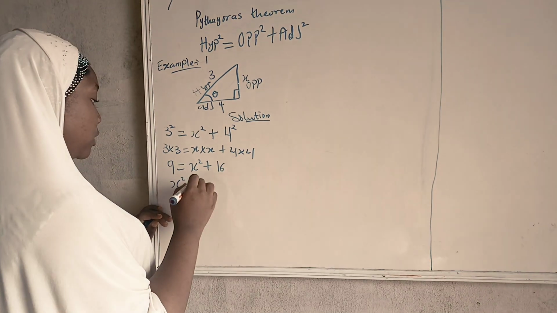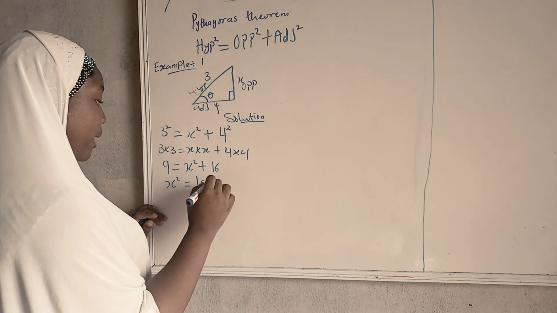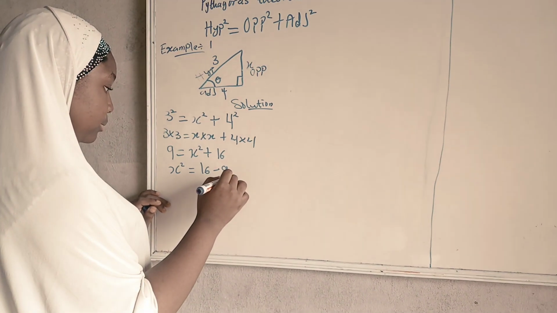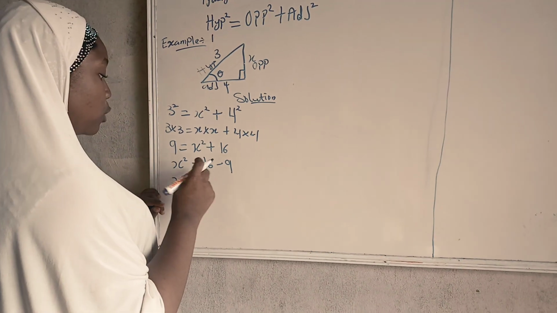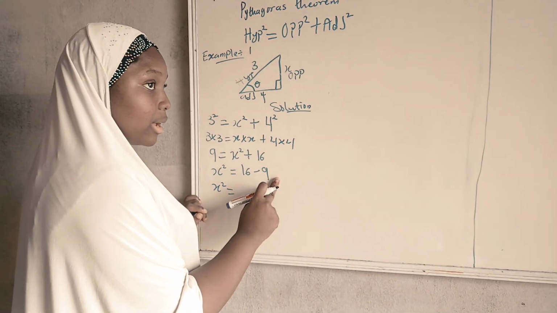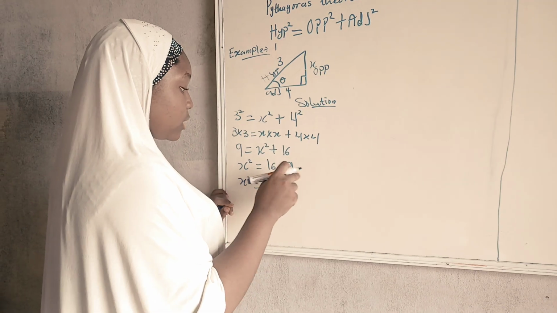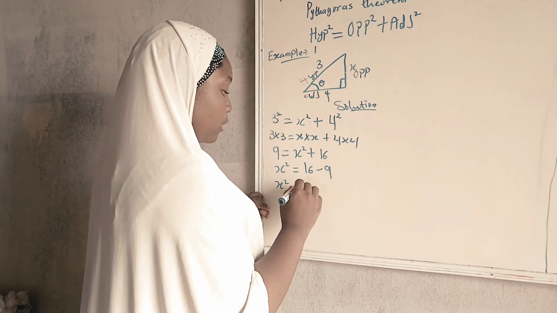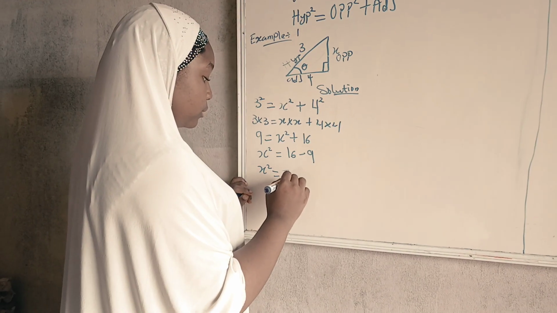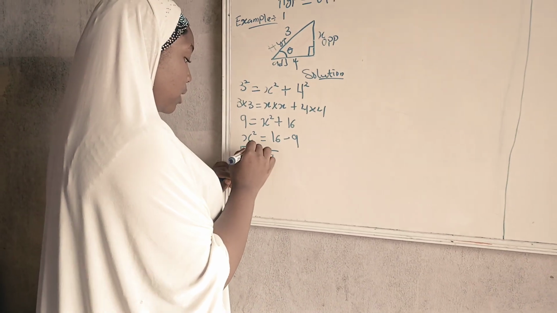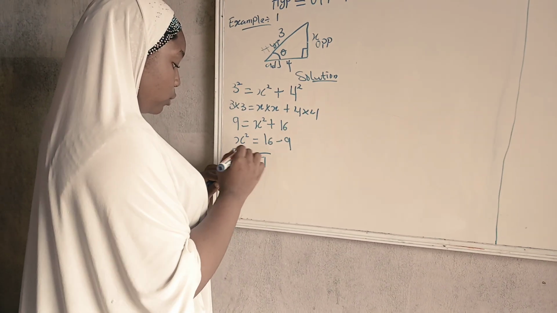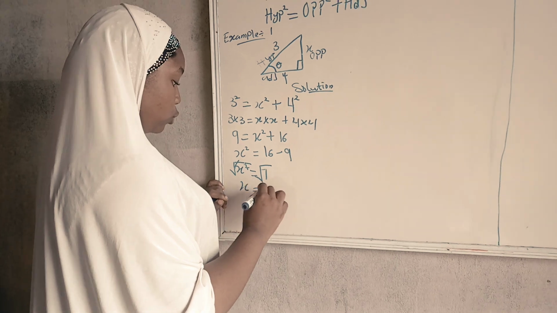X squared is equal to 16 minus 9. Then x squared is equal to 7. So square root both sides. Square cancels square root. X is equal to root 7.